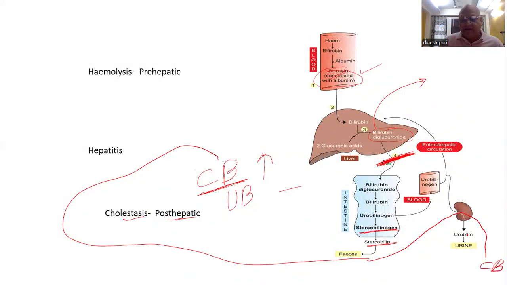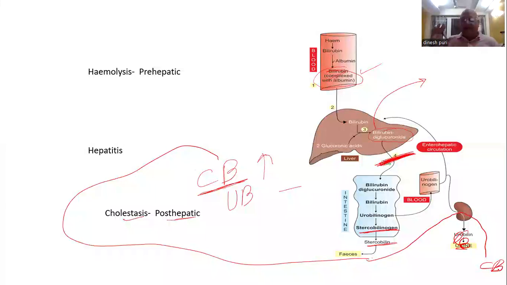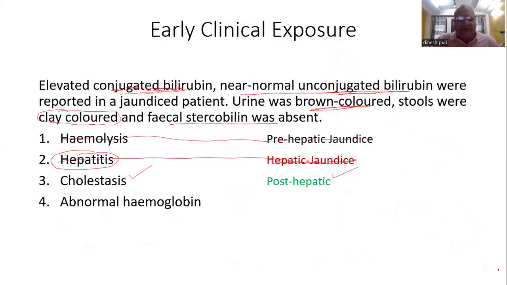So the conjugated bilirubin will increase in the urine. Bilirubin, as we had seen, is a brown colored pigment. So if it goes into the urine, what will happen? Brown color will be imparted to the urine. So that explains all the findings we had in this patient.